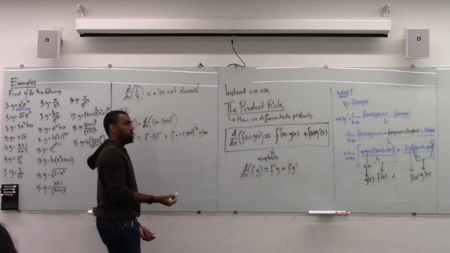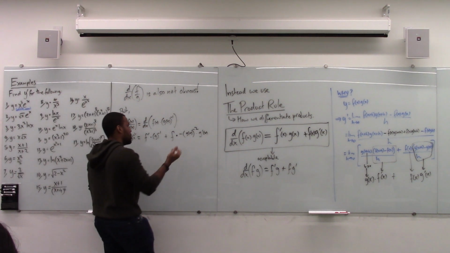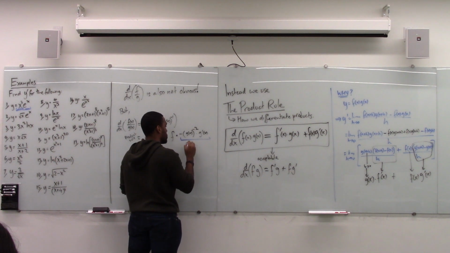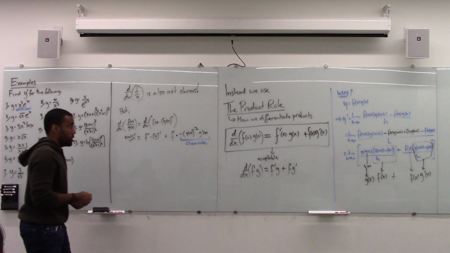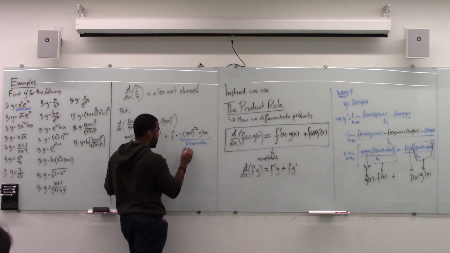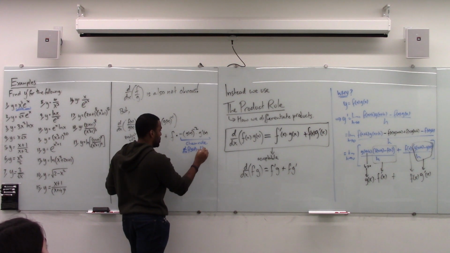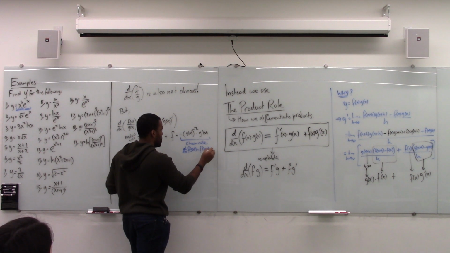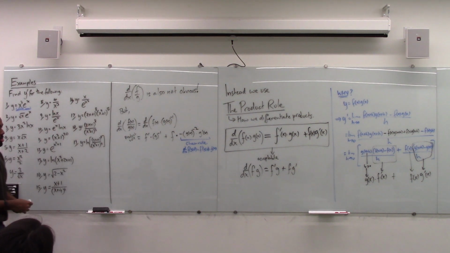This is the chain rule, which again, you should know how that was written. That was also on the quiz. The derivative of f of g of x is f prime of g of x times g prime of x. So you differentiate the outer function, multiply by the derivative of the inside.